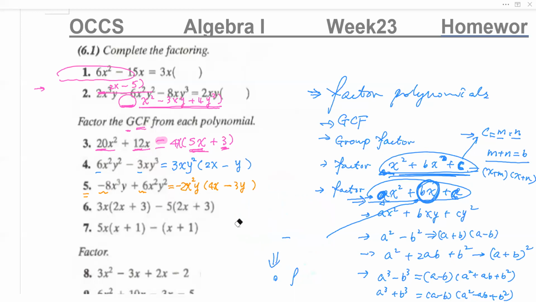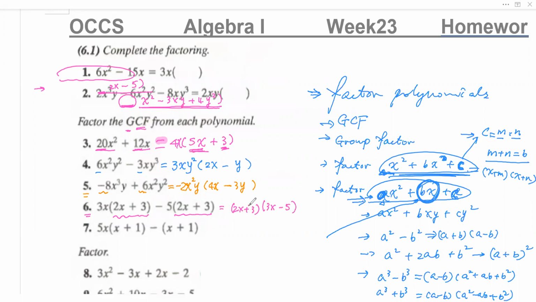All right, so let's see number 6. Take your homework out and check it. Make sure your homework is exactly the same as what I have. If different, maybe sometimes I do it wrong. Okay, number 6. First, this is the group factor. We put it in front here. The rest is 3x minus 5.